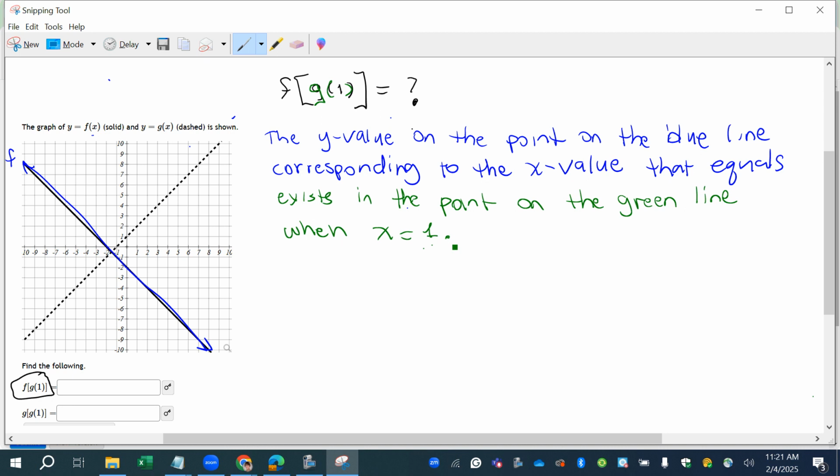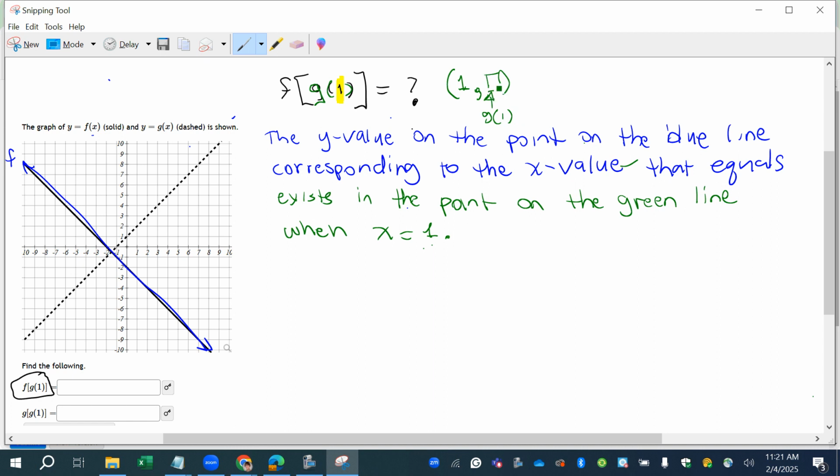Okay, so this is your x value that you want to find on the green line for this point. So there's an ordered pair on the g line, and it's going to contain your x value paired with the corresponding y value. Okay, that's what's going to go right here.